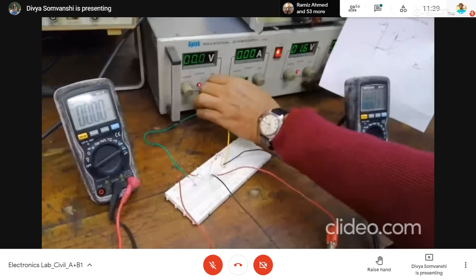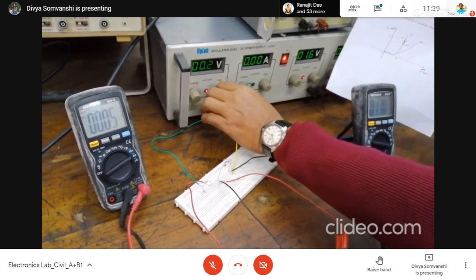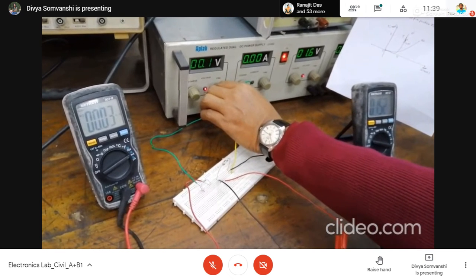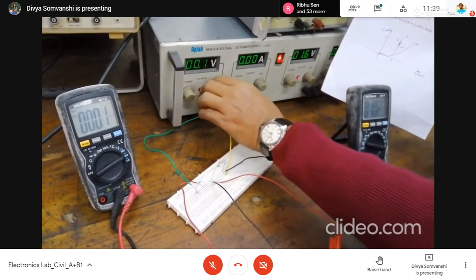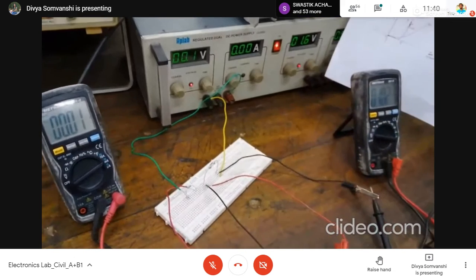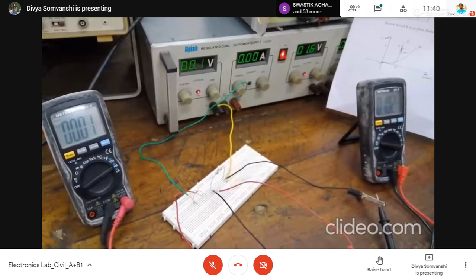Now, whenever more or less 0.102 volt is given, the current is how much? 0.01 milliampere.